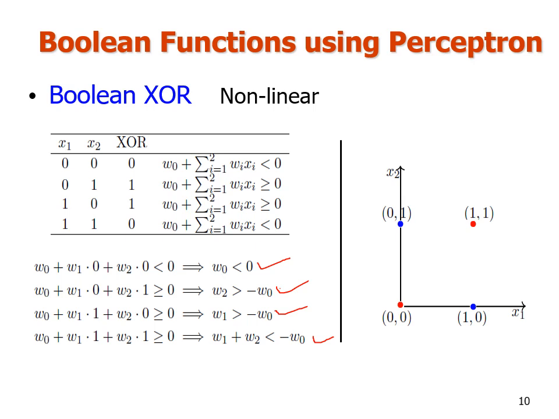If you look at these equations carefully, you can notice that the fourth equation actually contradicts the second and third equations. So the point is, there are no perceptron solutions for non-linearly separable data like this example.